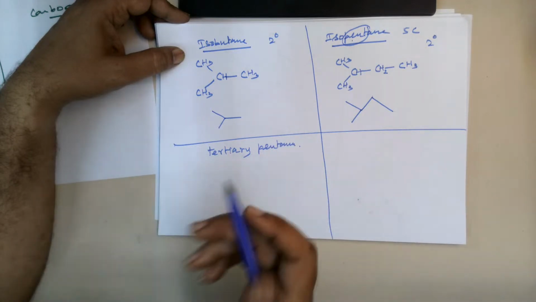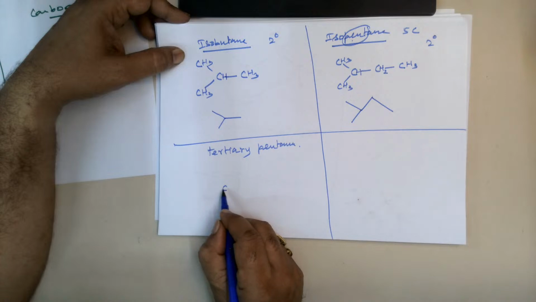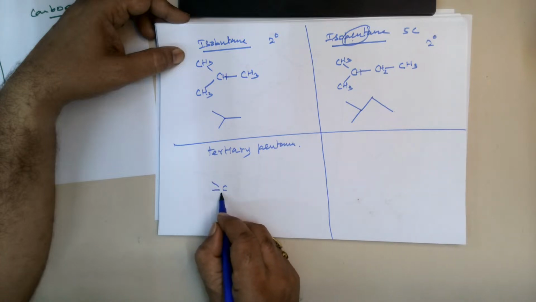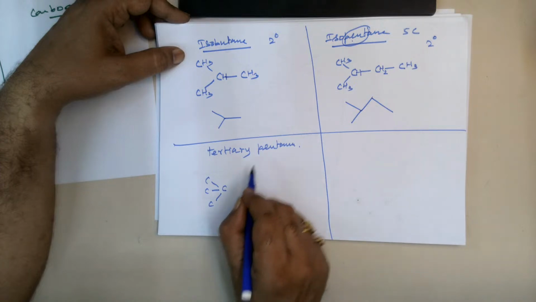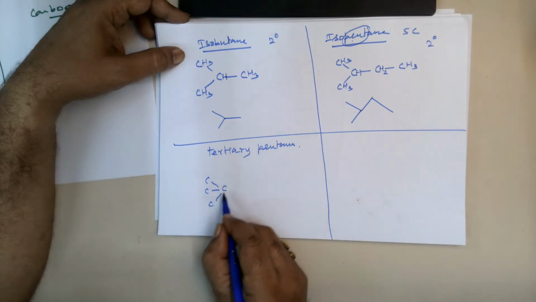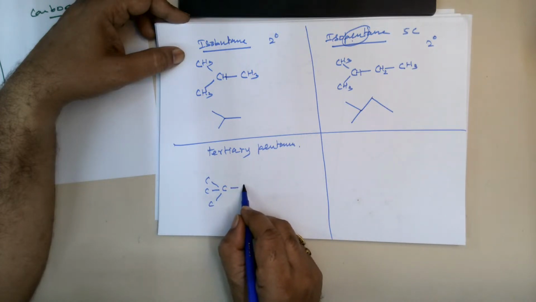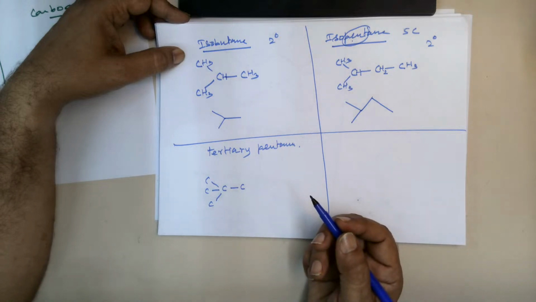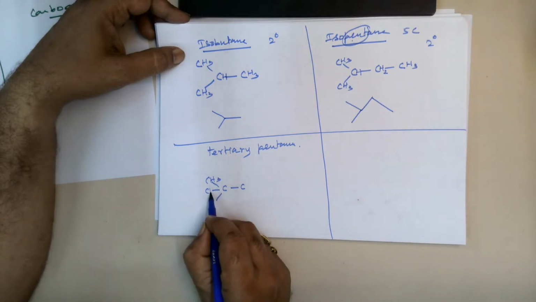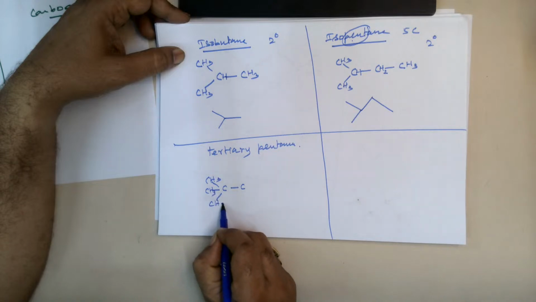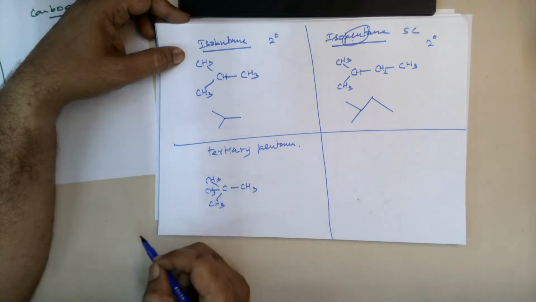It is branched thrice. So C, 1, 2, 3. C, C, C. And then again 1, 2, 3, 4. Then you can put the fifth carbon atom here. Right? Now this is CH3, CH3, CH3, CH3.